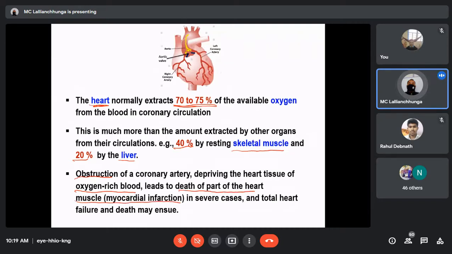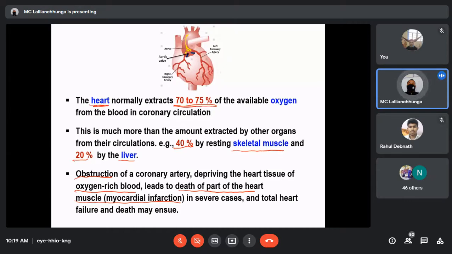That is known as myocardial infarction in severe cases, and total heart failure may ensue. What does it mean? When there is obstruction of the coronary artery, which is very common in elderly people, it will obstruct the flow of blood.